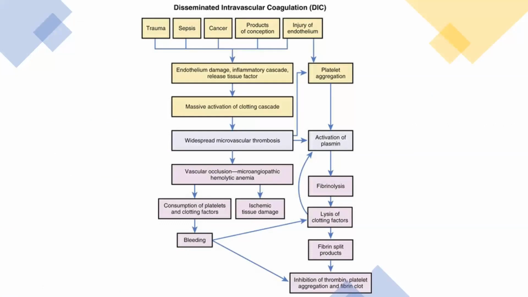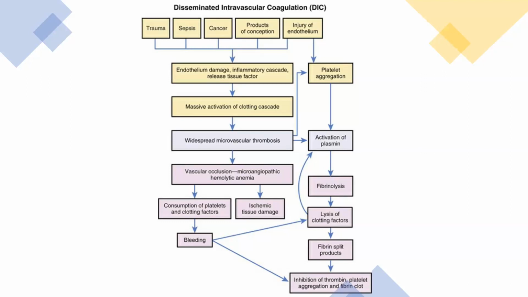So with this graph, it's just a pathway showing you how DIC can start, some of the things that happen within that, and how as those factors get consumed up, there's this vicious cycle. You have a stimulus which activates the clotting cascade.